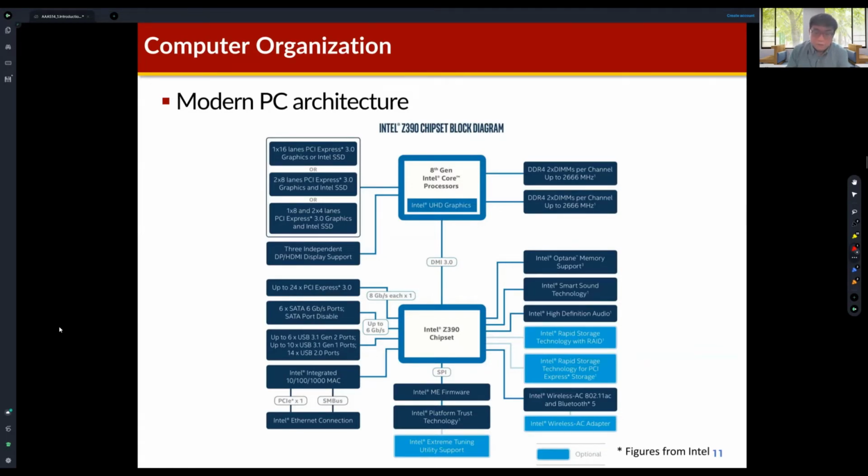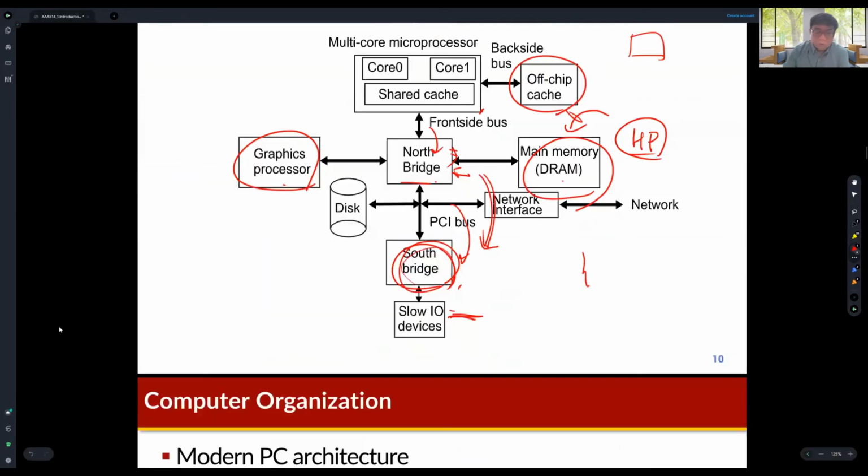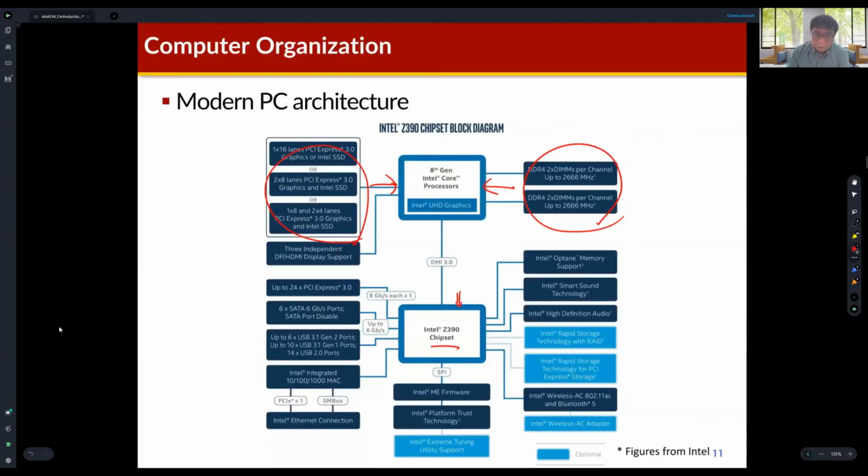That means the graphics processing units and DRAMs are directly connected to the CPU, and then this CPU is connected to the motherboard chipset. Actually, this chipset is the South Bridge chip in the old computer system. As you can see, many peripherals are connected to the CPUs via the motherboard chipset.